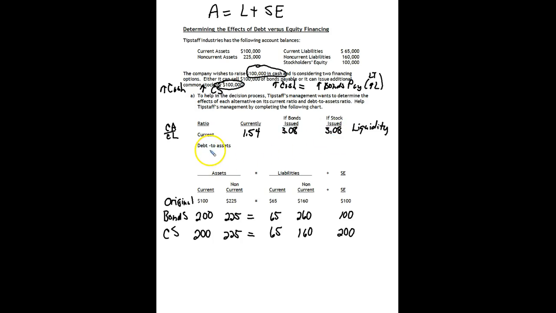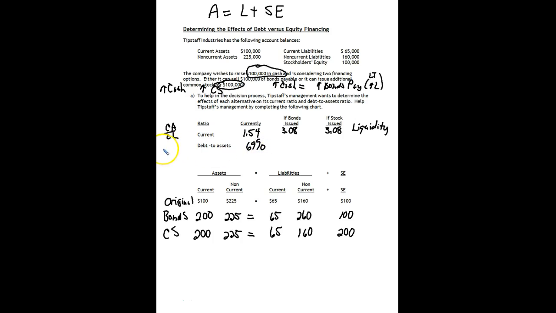Debt to assets is just what it says. We would add up our total liabilities and compare it to our total assets. So in the first scenario, if I add up debt, so 65 plus 160, and divide by my total assets of 325, you should get something like 69%.